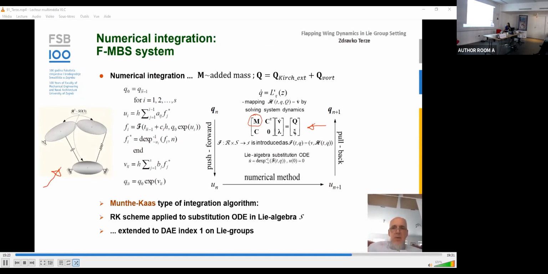Also, on the right-hand side, we should include terms of extended Kirchhoff equations. Later on, we will also include forces coming from the circulatory part of fluid flow. Since we live in a Lie group, a Monte Carlo type of integration algorithm can be used to solve dynamics of the coupled problem.